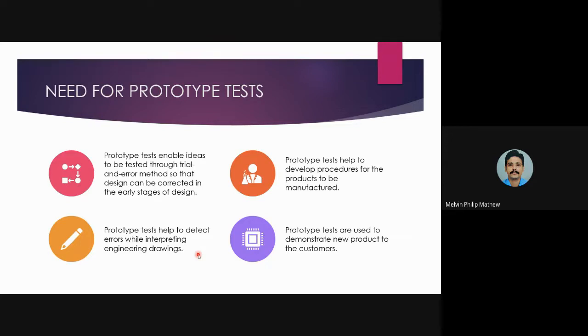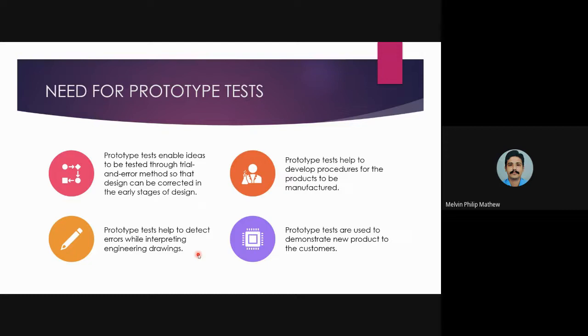You are not doing any test or analysis on it based on how much stress or how much strain, how much it can be deformed, how much it will fracture, etc. So these are coming under prototype test. We are drawing the object and then we are building it, using various materials.